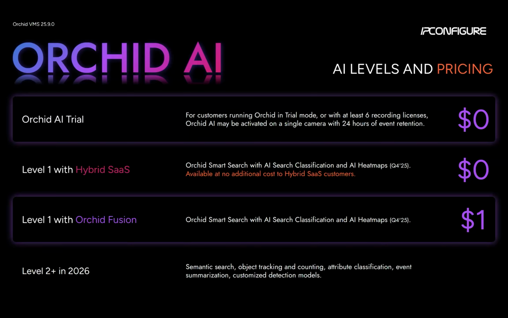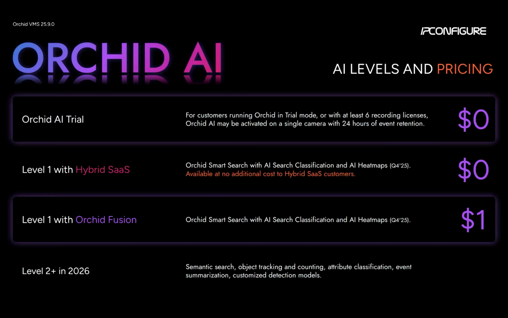This is our Level 1 AI capability, so this AI search capability. We do expect next year we'll be seeing some additional AI capabilities that will be included in that Level 1 AI level, but we're also expecting to have some really advanced AI capabilities, Level 2, Level 3 AI on our roadmap. Those might incur some additional costs.